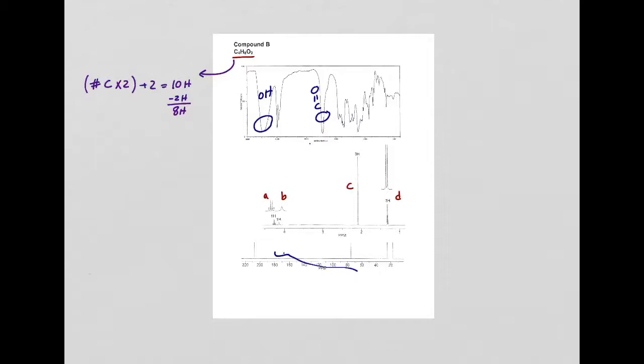That sounds good. I want to look at peak A. Let's look at the chemical shift. What can you tell me about a chemical shift? It's pretty downfield, isn't it? Yeah, this peak is pretty downfield. So if I had to bet money on this, I would say it's probably attached to an oxygen, right?